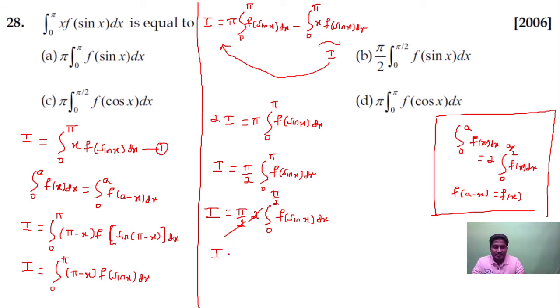What I'll do is write I is equal to pi times, and I'll use the King's property. Integral 0 to pi by 2, change x to upper limit minus x, so we get f of sin of pi by 2 minus x.